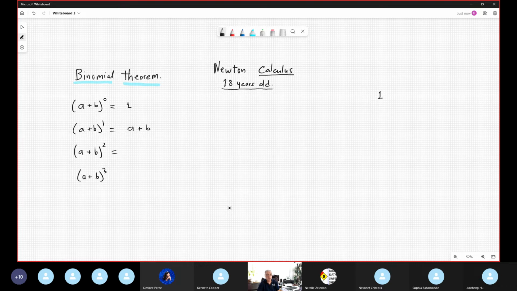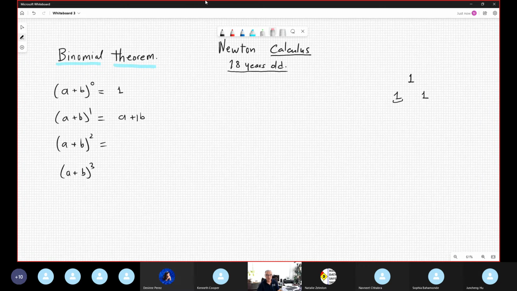It's obvious, right? This coefficient is 1, and this coefficient is also 1. I copy the 1s. I copy this because I want to investigate what is the pattern that these coefficients have.